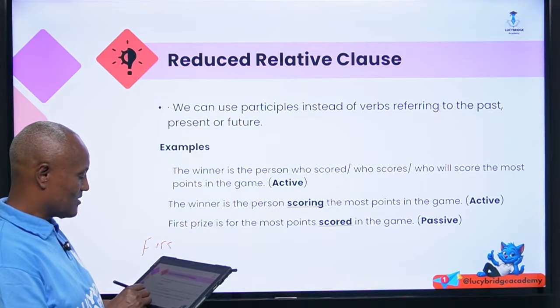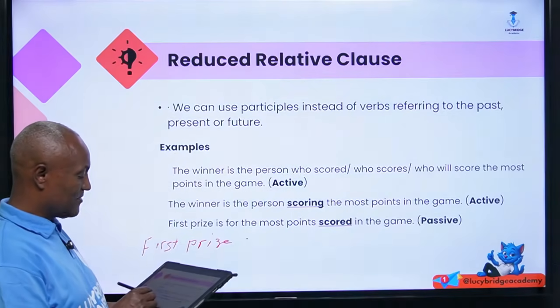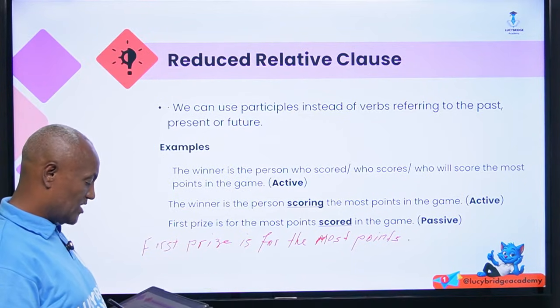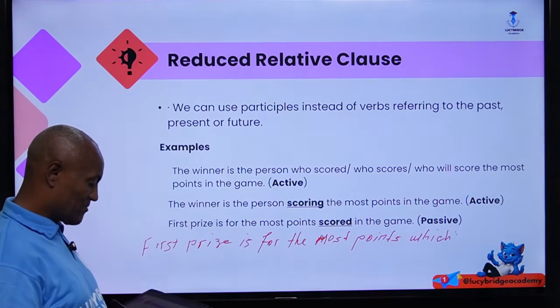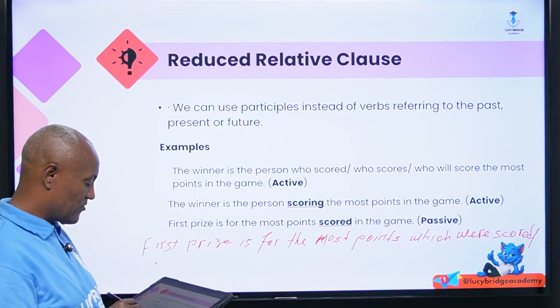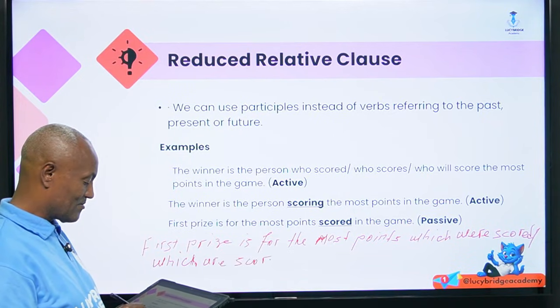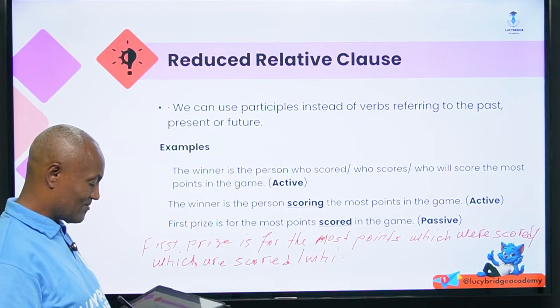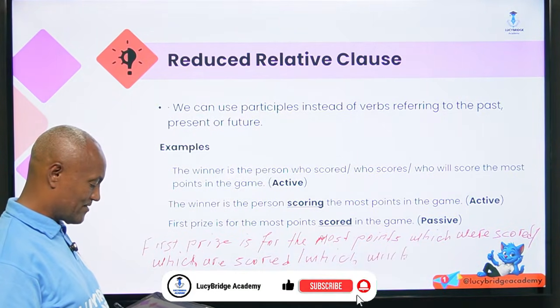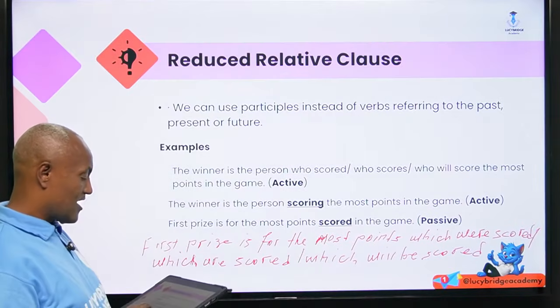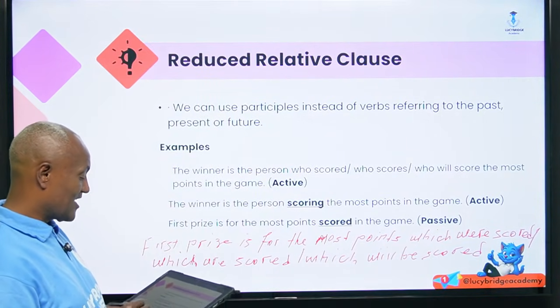First prize, the sentence must be written is for the most pointers which are scored, okay, to make parallel, which were scored and which will be scored in the game.